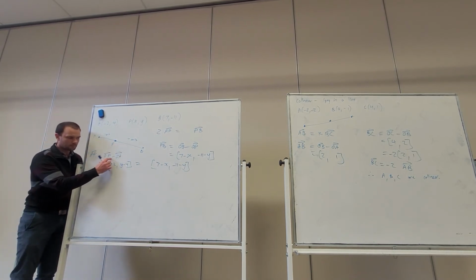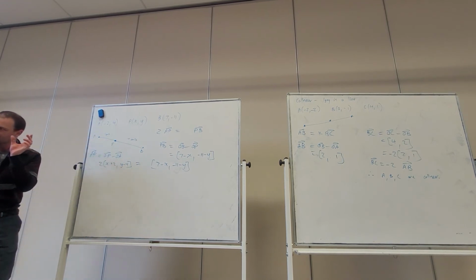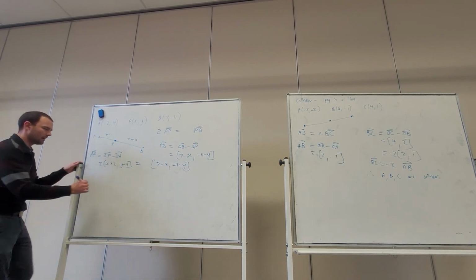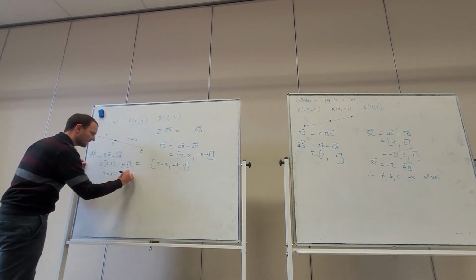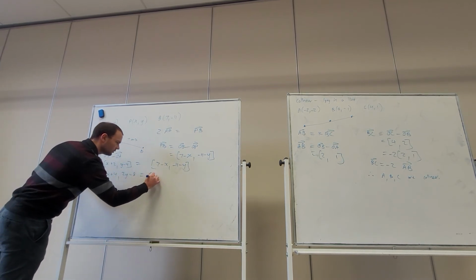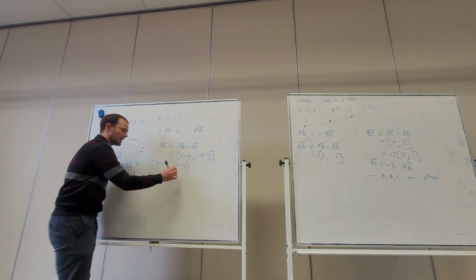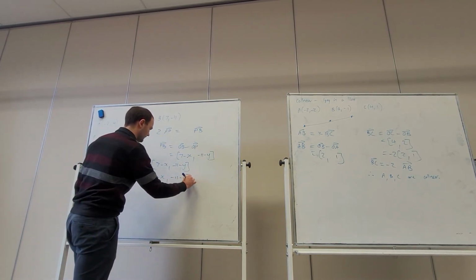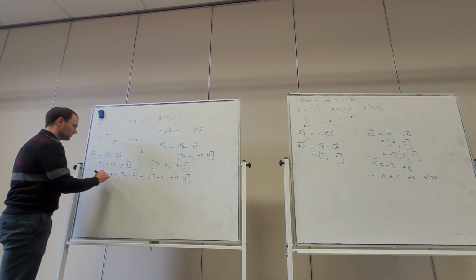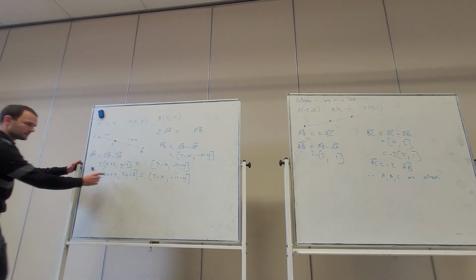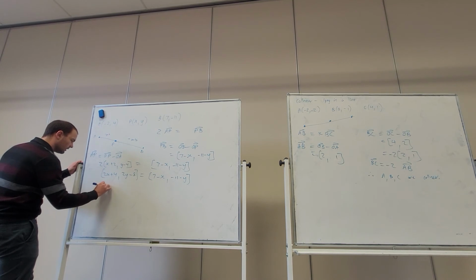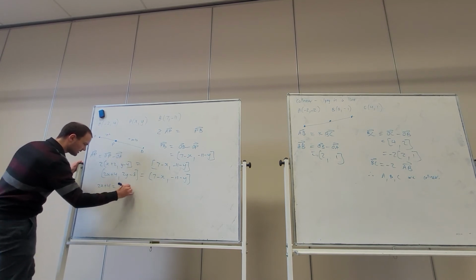Alright, so let's multiply the 2 through, and then we're going to equate the horizontal part with the vertical part. So here we've got 2x plus 4, and we're going to have 2y take 8, and that's equal to 7 take x and minus 11 take y. Okay, and then we're going to equate the horizontal part with the vertical part. So 2x plus 4 equals 7 take x.